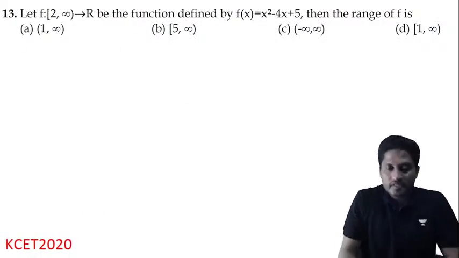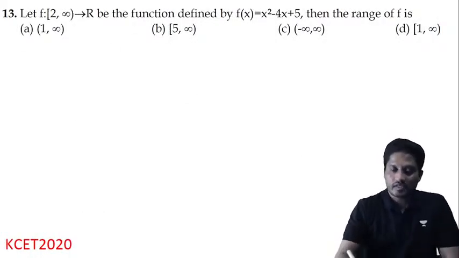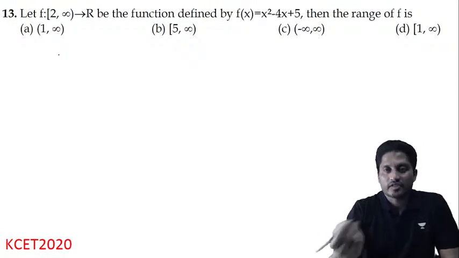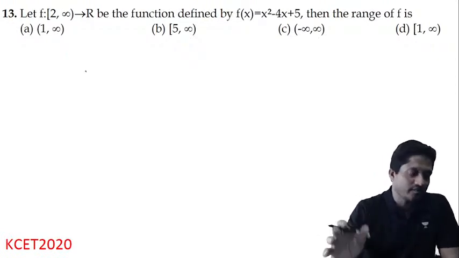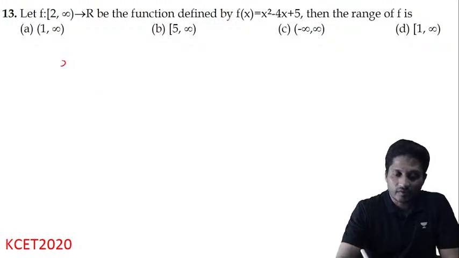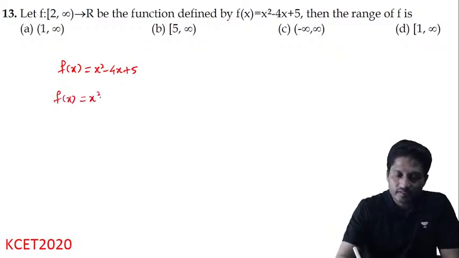What is the range of this function? Now listen, there are two ways: y as a function of x, or you can write x as a function of y and find the range. Directly, f(x) is equal to x square minus 4x plus 5. I'll complete the squares. I can write this as x square minus 4x, and 5 can be written as plus 4 plus 1.